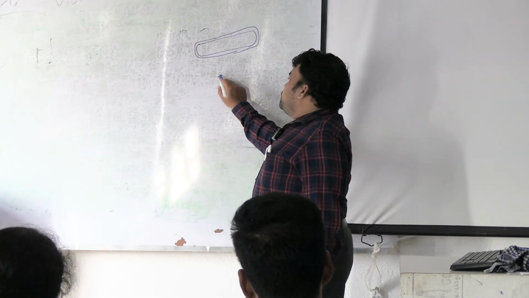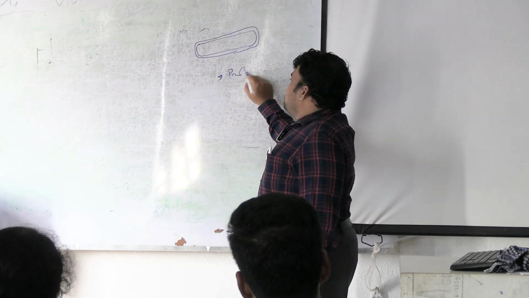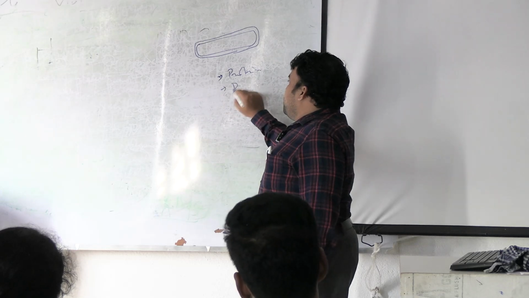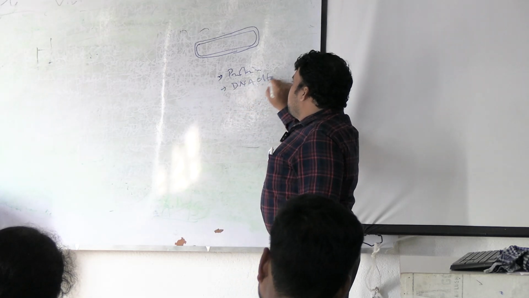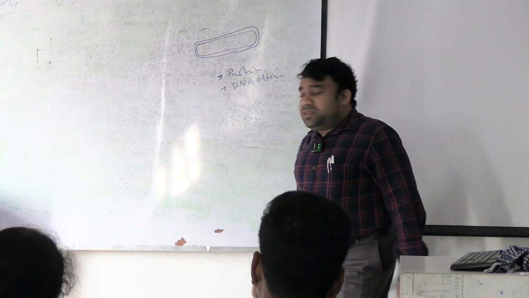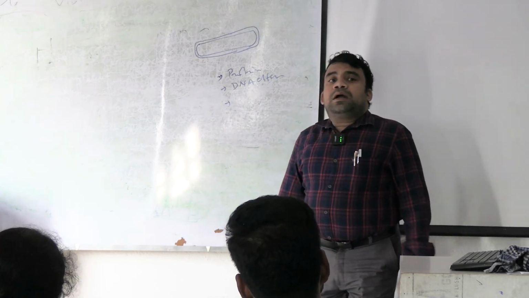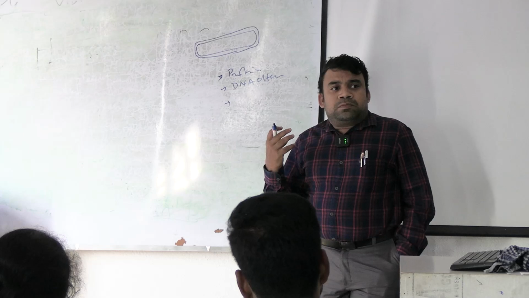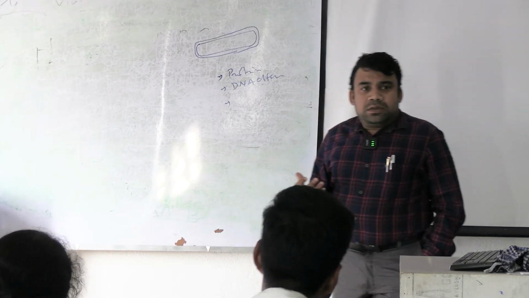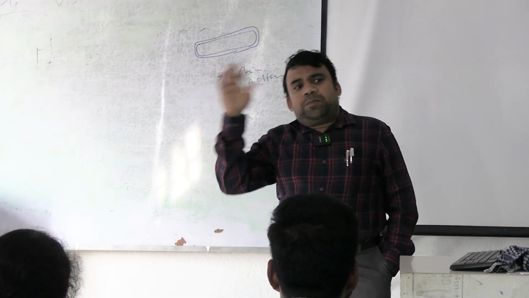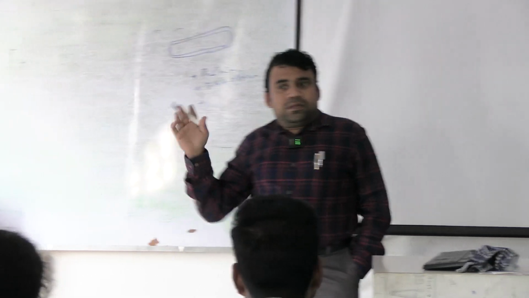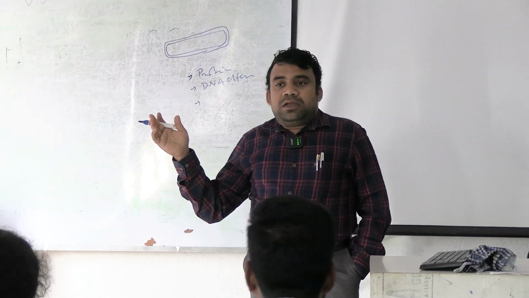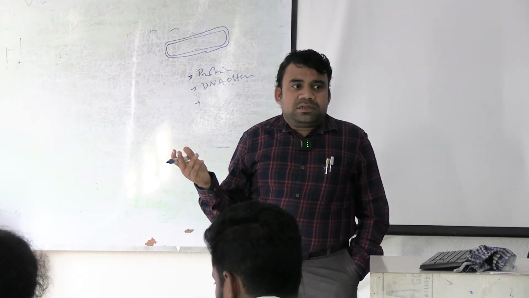Right. So one would be protein synthesis inhibitor. Then DNA alteration. Anything else? It can compete with the metabolites, that is, the things that are required. Remember the folate pathway? Even bacteria require that.